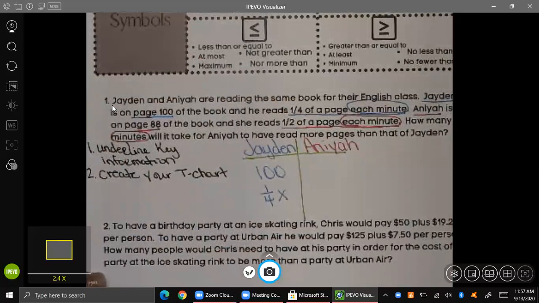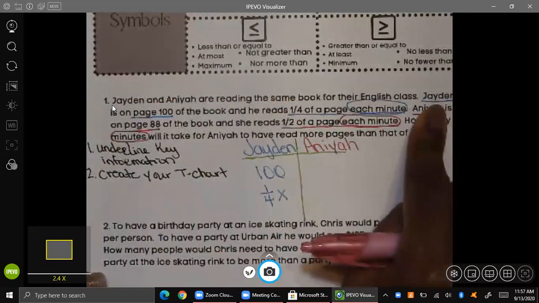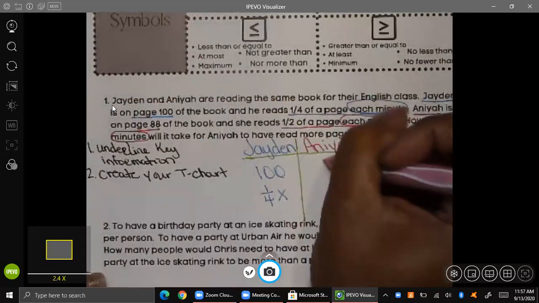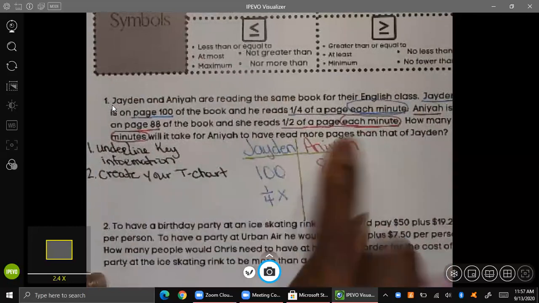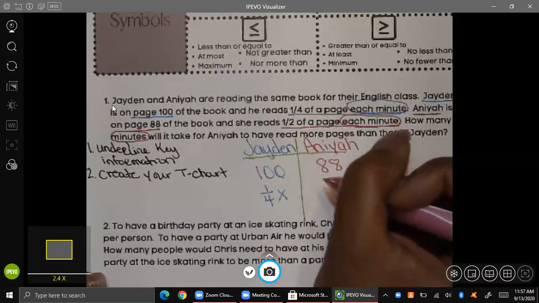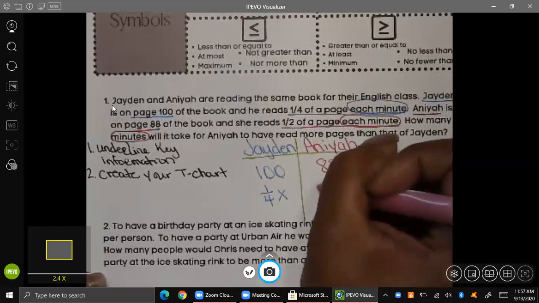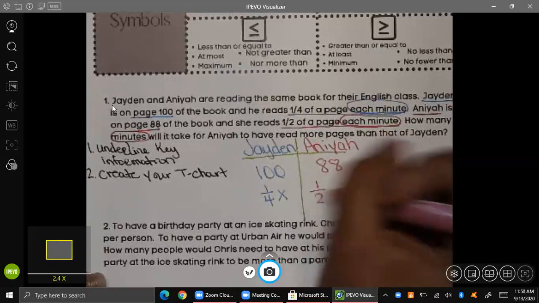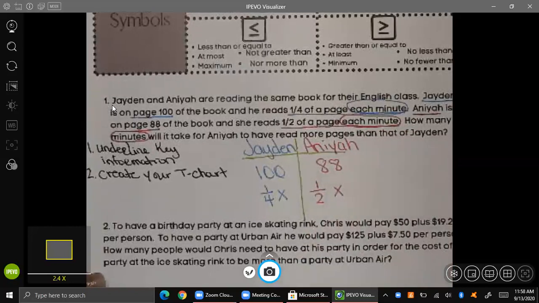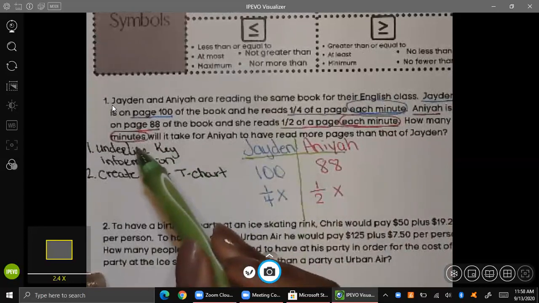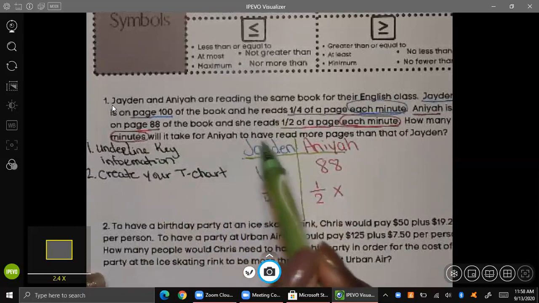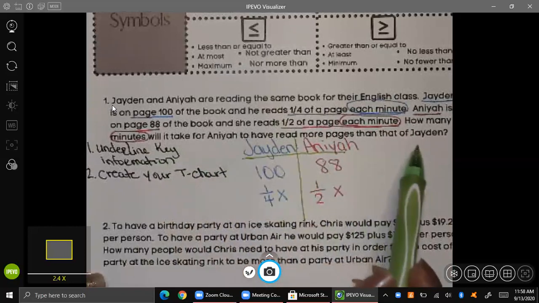Okay, so now I'm going to go ahead and write Anaya's numbers. Anaya is on page 88. And she reads 1/2 of a page per minute. So 1/2, I'm sorry, each minute, and x. And then the final question says, how many minutes will it take for Anaya to have read more pages than Jaden?